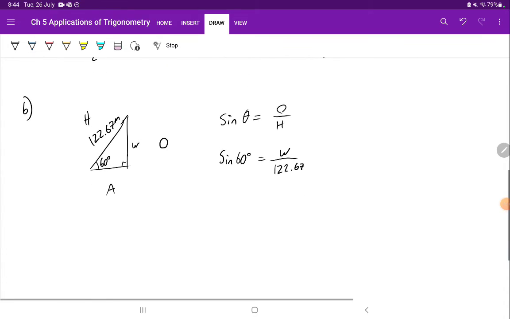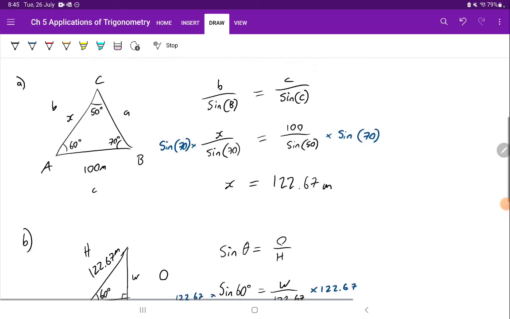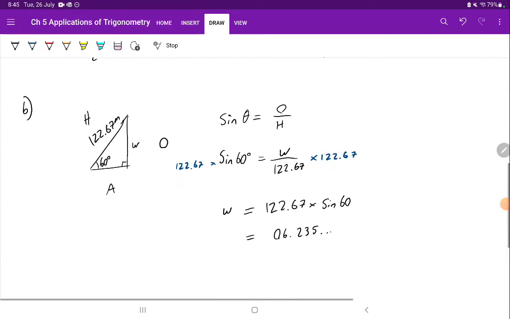Times both sides by 122.67, and we get our width will be equal to 122.67 times sine of 60, which is equal to 106.235... And if you read up, it says to the nearest meter, so I can round that down to 106 meters. And there's my final answer. That's how wide the river is.